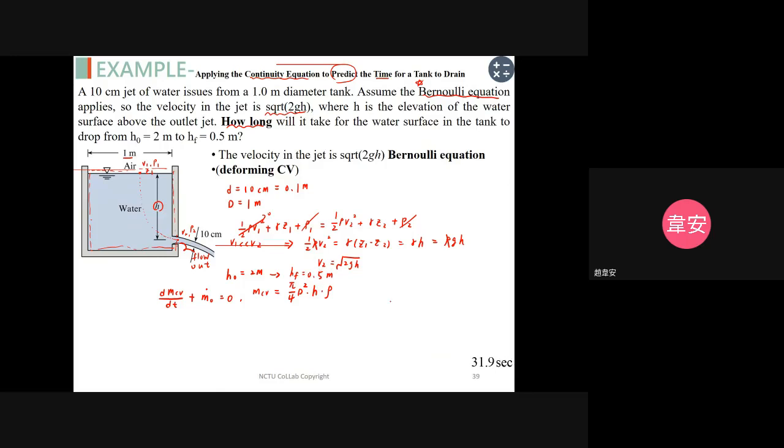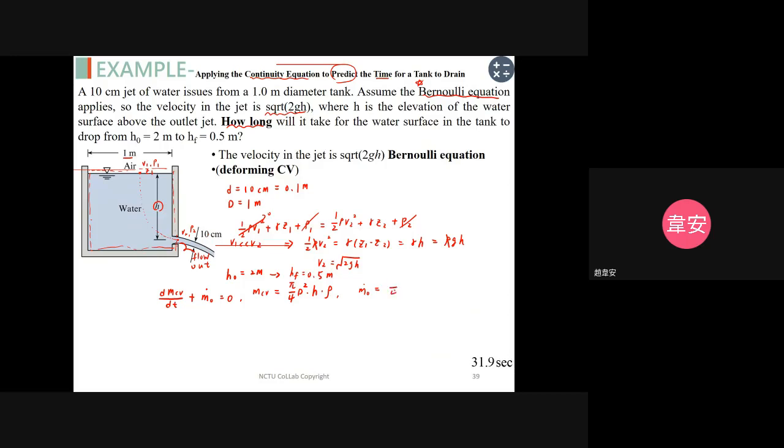Okay. And what is the mass rate out? We know the diameter of the jet is 0.1 meter.